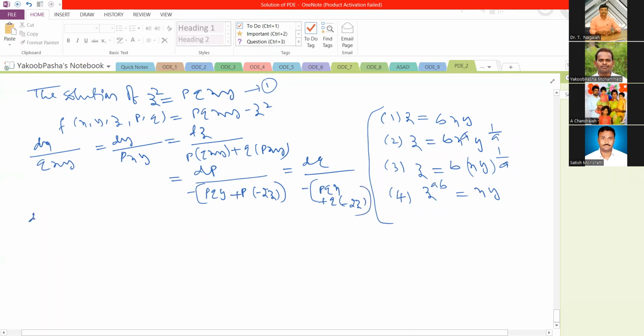So dx by qxy is equal to dy by pxy is equal to dz by pqxy pqxy, that is 2 pqxy is equal to dp by, we can take p common here, so minus pz.